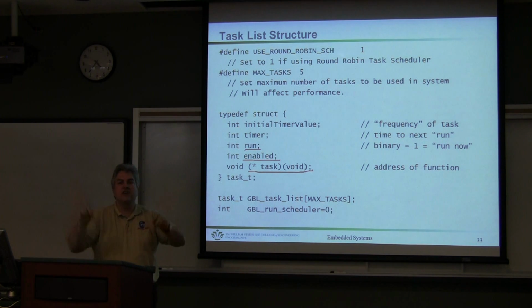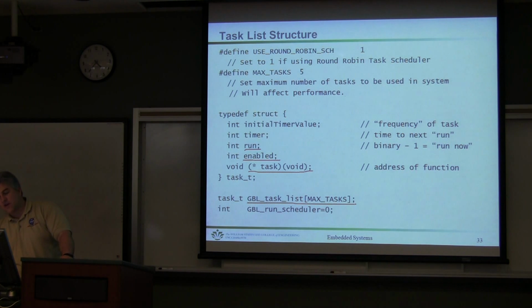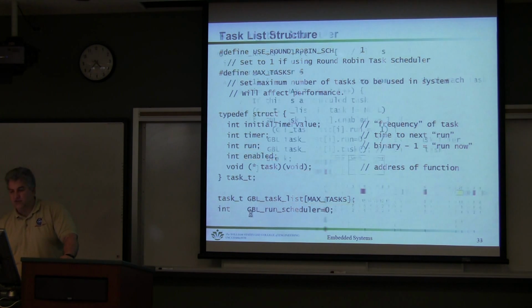Remember, each task is going to be some sort of function. Maybe flash this LED or go and gather this data from the pulse width modulator or from the ADC so that you can store this data. You'll have a list of all your tasks, and then you will run the scheduler.